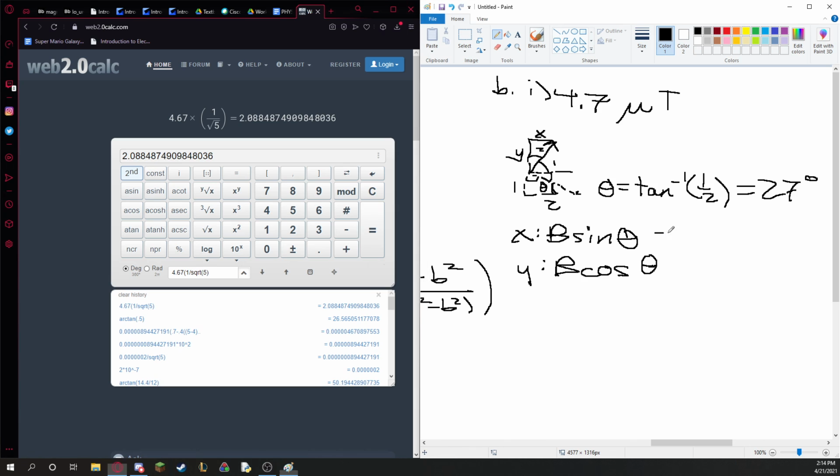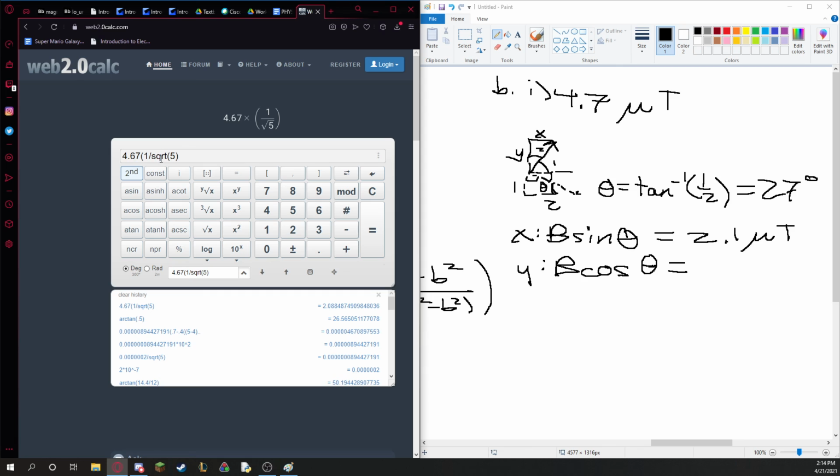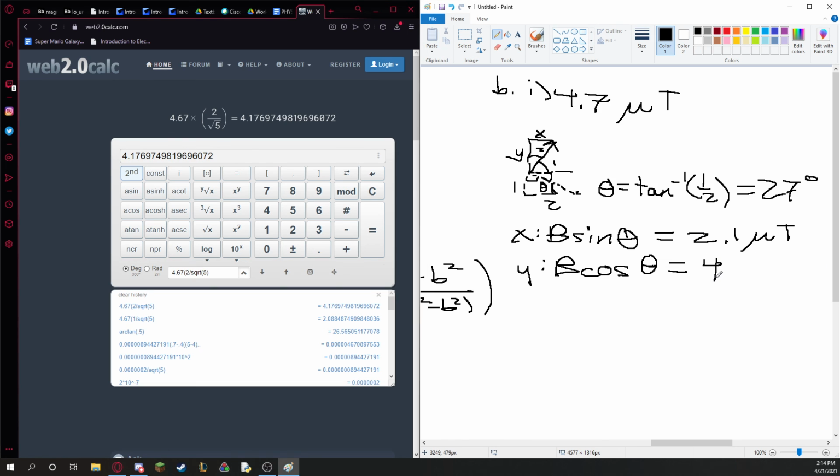So our x component is going to be about 2.1 microteslas, positive x. And our y component is not 1, but 2 over the square root of 5, because adjacent over hypotenuse. Y component is about 4.2 microtesla. Once again, positive.